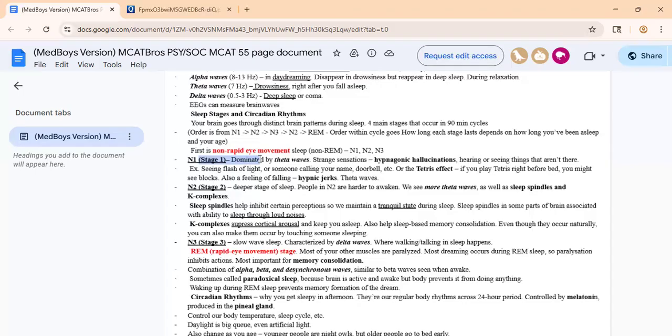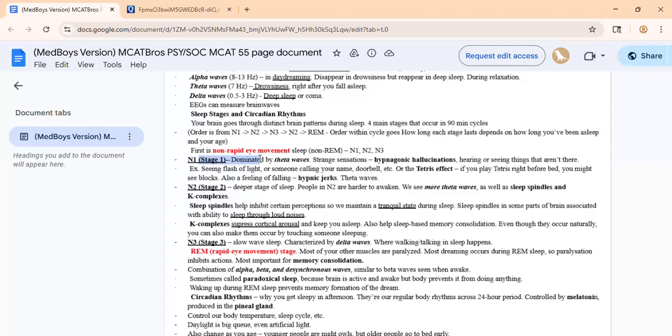Okay. And N3, wait, actually, I'm sorry. N3 is going to be slow wave sleep, right? We're going to have increased delta. So let's bring it back. N1, theta. N2, more theta. If it says sleep spindles and K complex, we know, listen up, N2 stage.